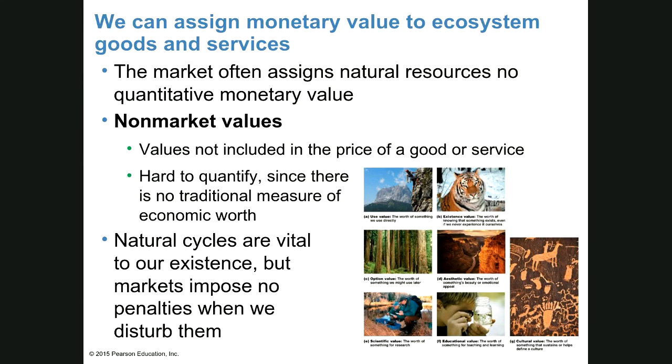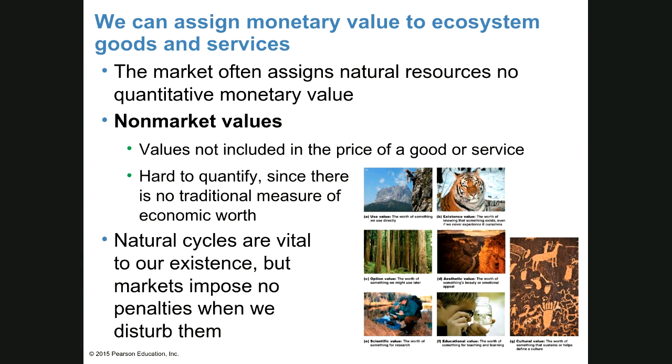A, the use value, the worth of something we use directly. So, Big Rock. I think that's El Capitan, I could be wrong. But when you think about climbers, thinking about opportunities to go out there and use something. And it could be certainly Seneca Lake for fishing or for boating or skiing, things like that. B, what about existence value?